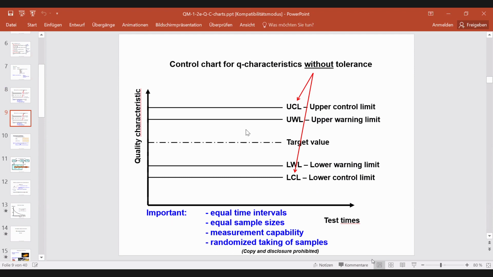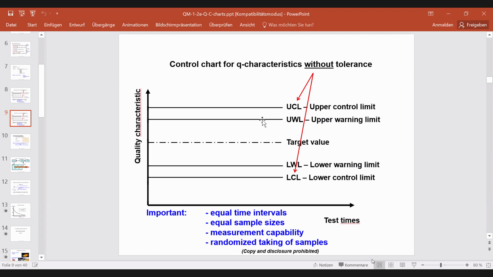This means if a measurement is outside the warning limit area, so if it's above the upper warning limit or below the lower warning limit, then they let the process run, but they have to test more parts. Only if the measurement is outside the control limit area, then they have to stop the process and make corrective actions.